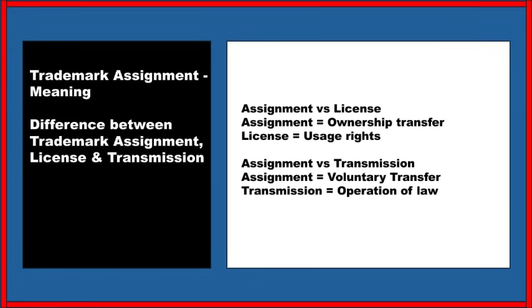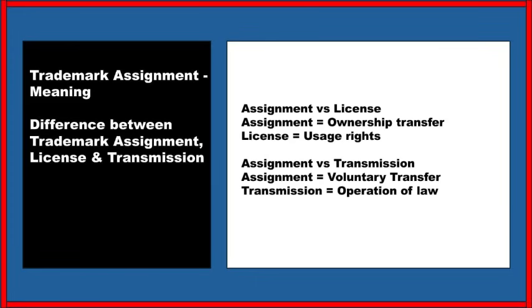So an example of transmission is when ownership of a trademark is transferred onto someone else due to death of the proprietor. Here in this case, ownership shall now vest with the legal heirs. Similarly, in cases of merger or amalgamation of companies, in many corporate mergers or amalgamations where entities dissolve to form a new one, the assets, including trademarks, are transferred automatically to the surviving or new entity as a legal consequence of the merger process.